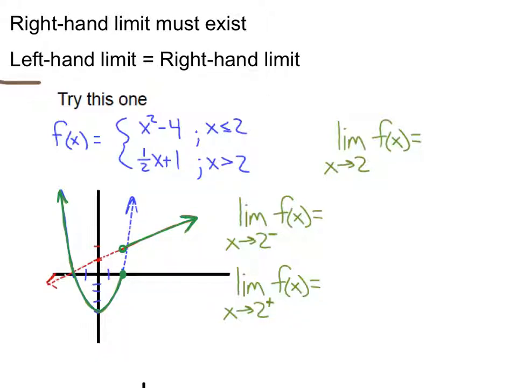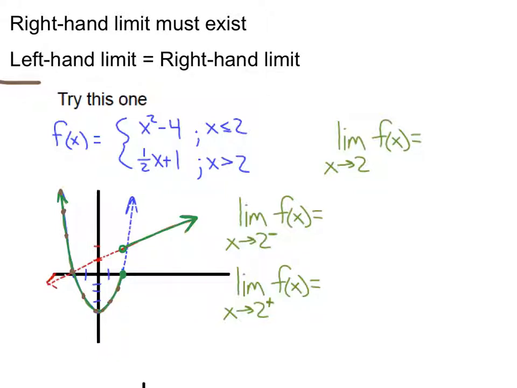So let's think this through. As I approach x equals 2 from the left, I'm way up here, then I'm coming down, down, down. I've reached the bottom, now I'm coming up.